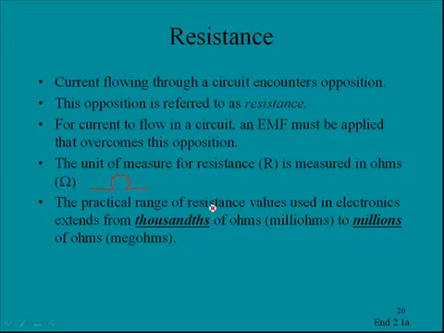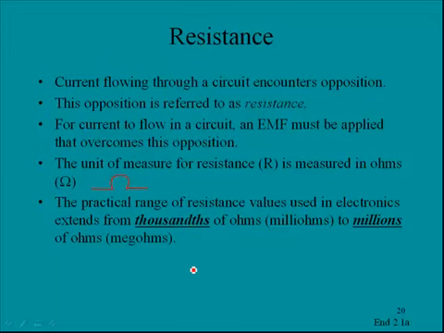The practical range of resistance values used in electronics extends from thousandths of ohms to millions of ohms. We have the term milliohms indicating thousandths of ohms, and for millions of ohms we refer to those as megohms.